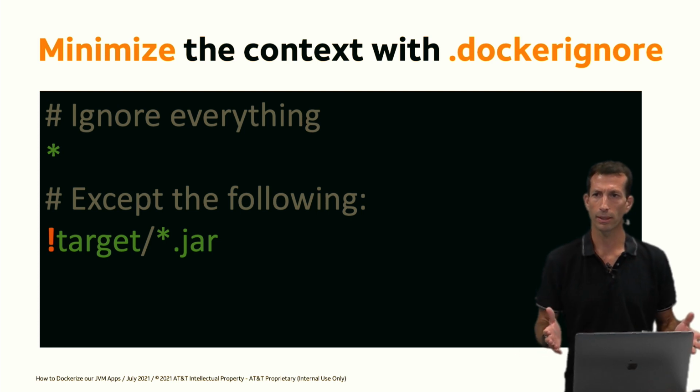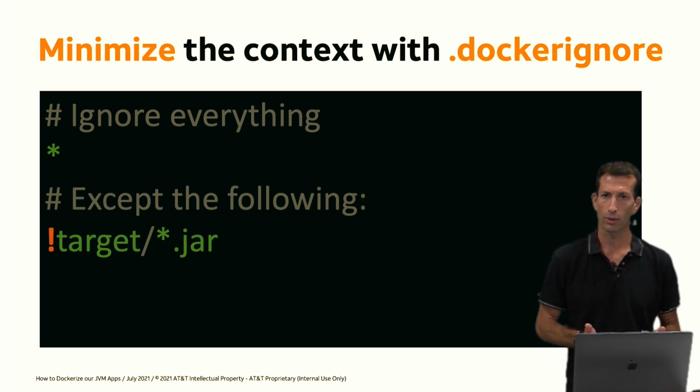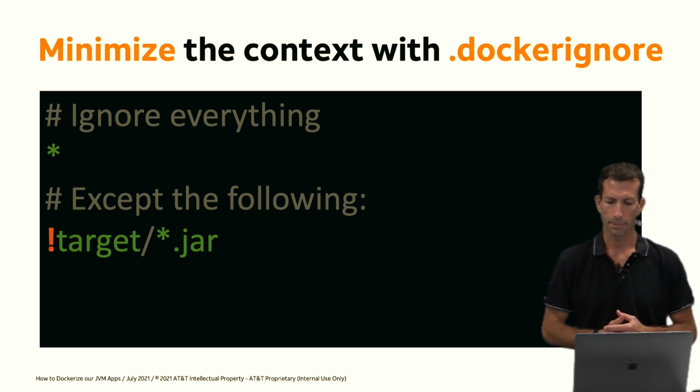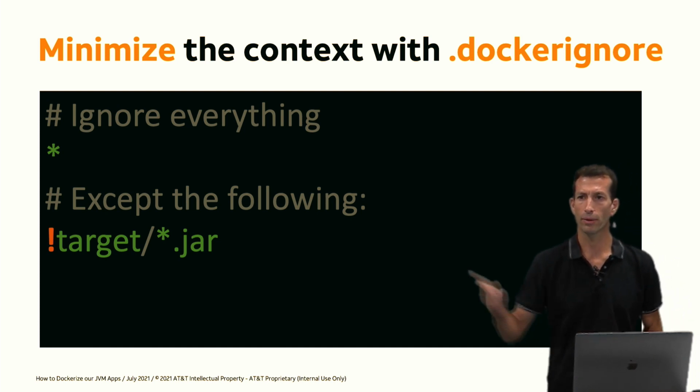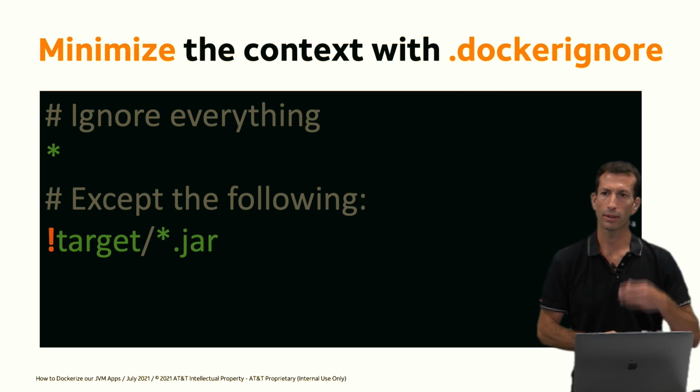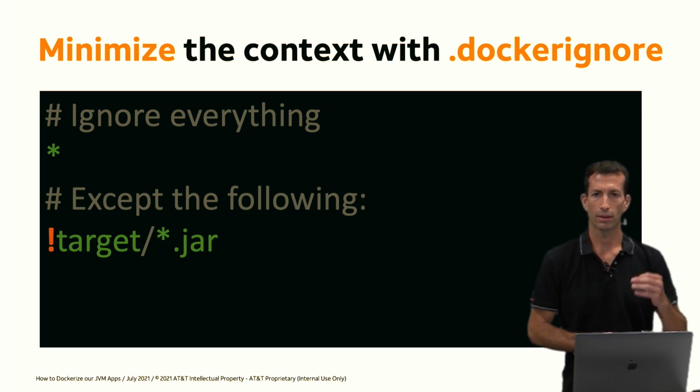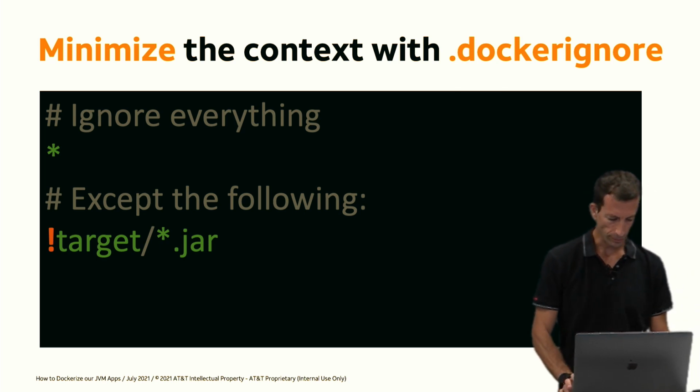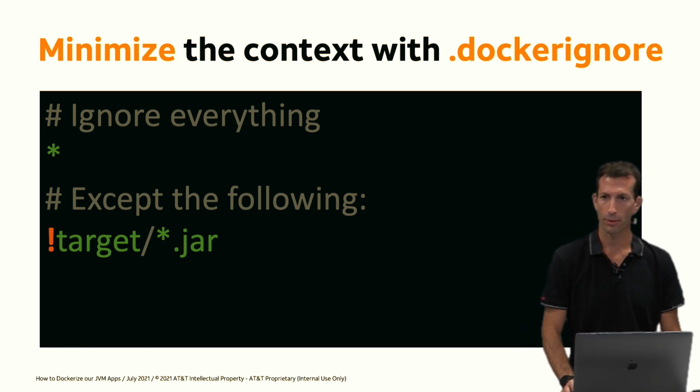So the easiest way to minimize the context is to use a .dockerignore file. And I recommend this pattern. First, I ignore everything, and then I start adding back exactly what I need. So this is a great pattern, and I encourage you to use it.